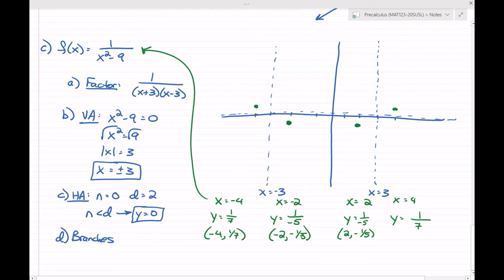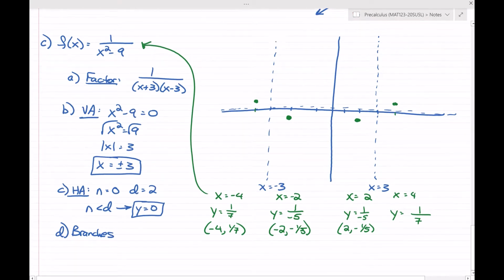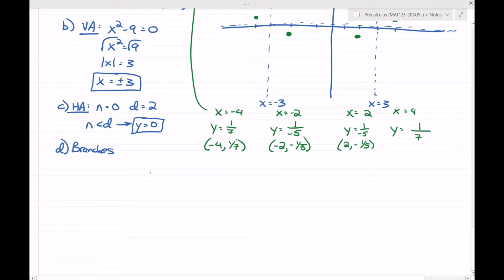Now in the middle, we have an interesting situation. If there are 2 vertical asymptotes, you could have 4 options.